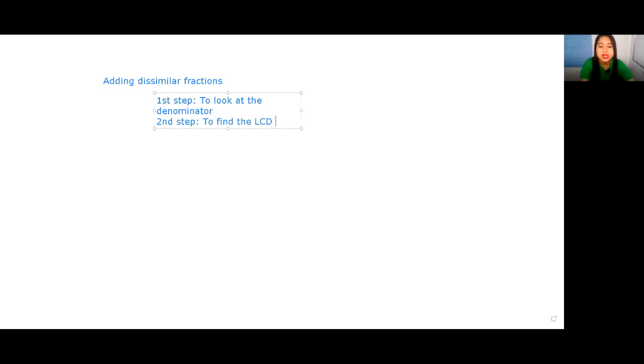LCD. So when we say LCD, it means least common denominator. So let's remember LCD. LCD is the same as LCM.